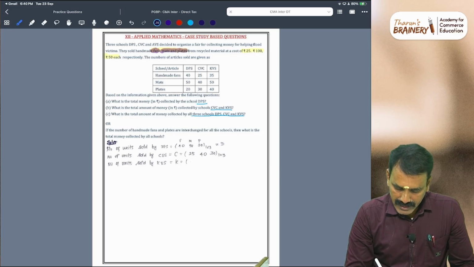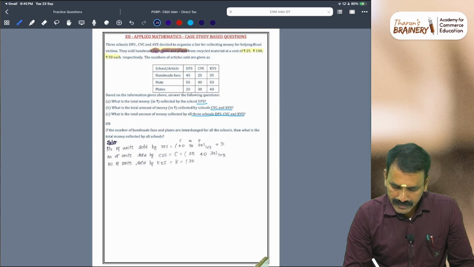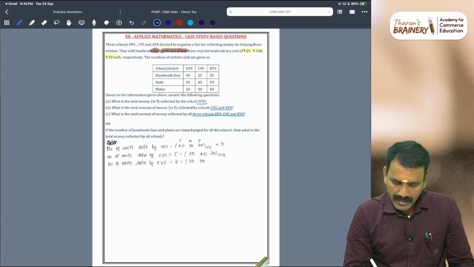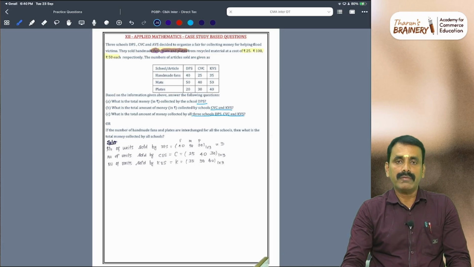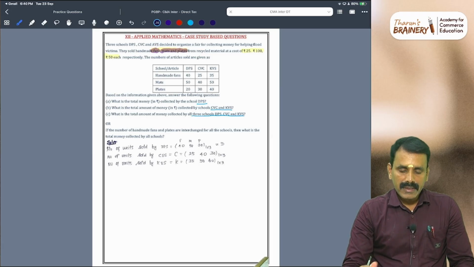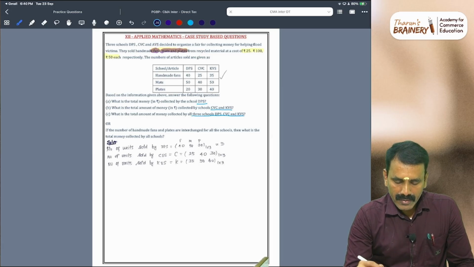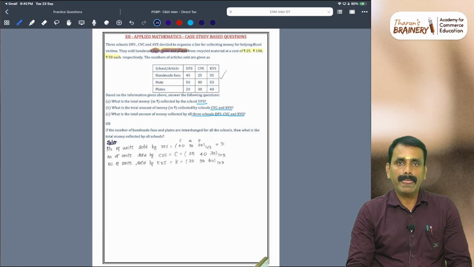So fans will be written 35 and the mats will be 50 and the plates will be 40, and it is going to be again 1 row 3 column. So we have written the data given in the table in the matrix format. Is it clear?